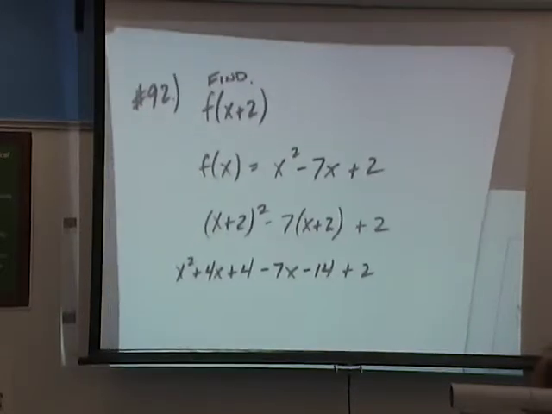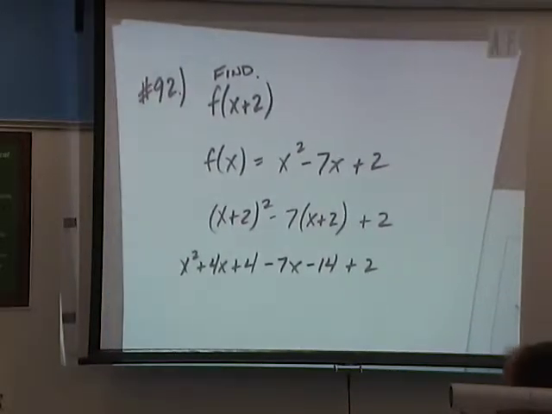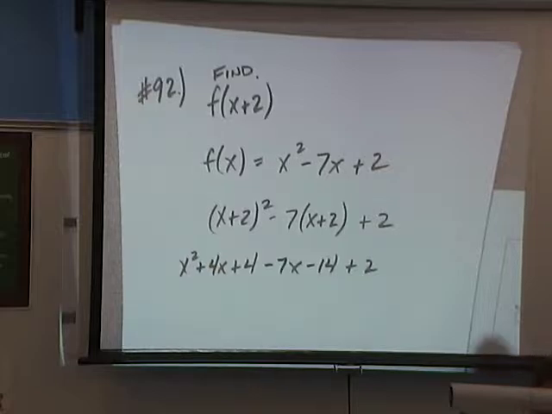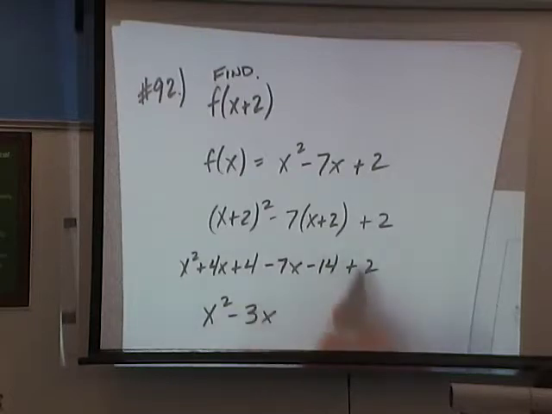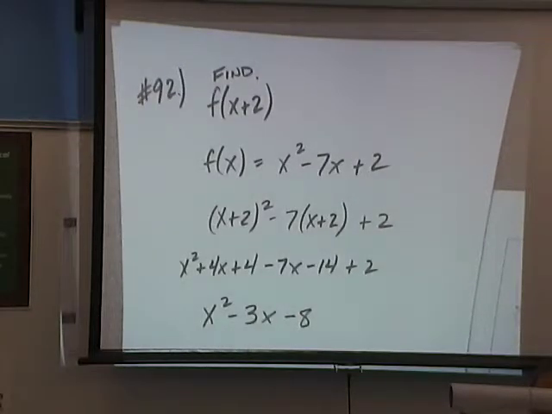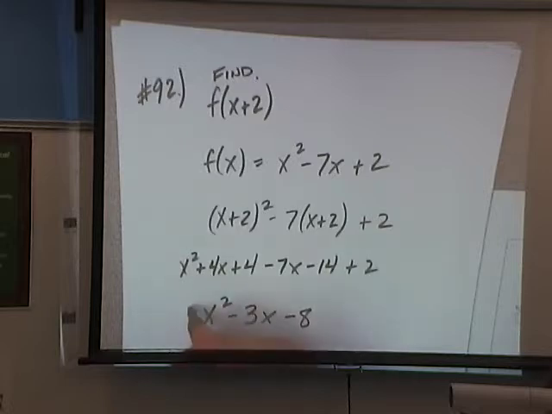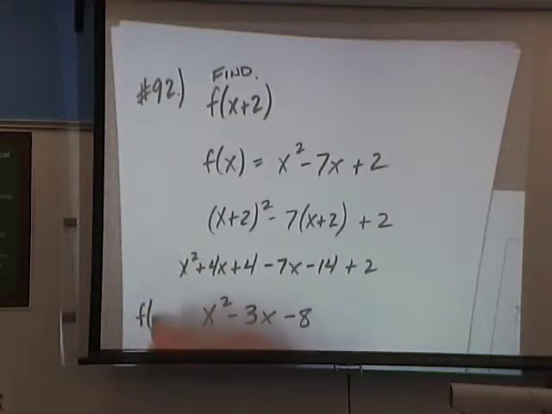And then combine some like terms. So it'll be x squared minus 3x minus 8. Alright, so f of x plus 2 is equal to that.